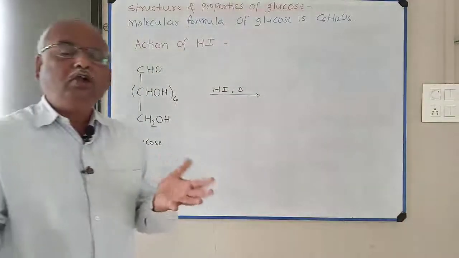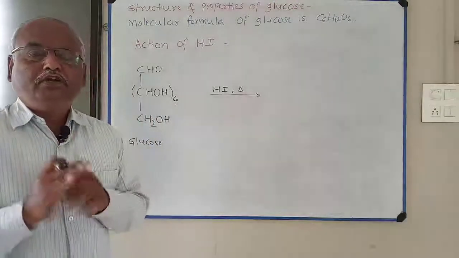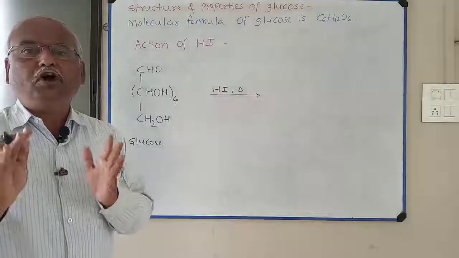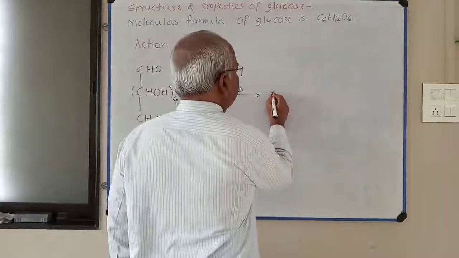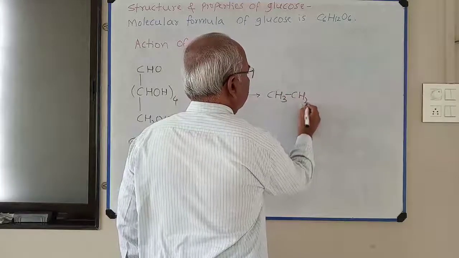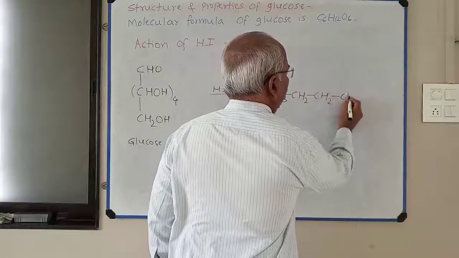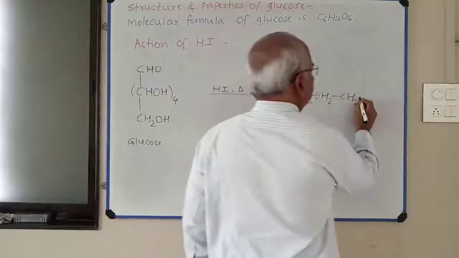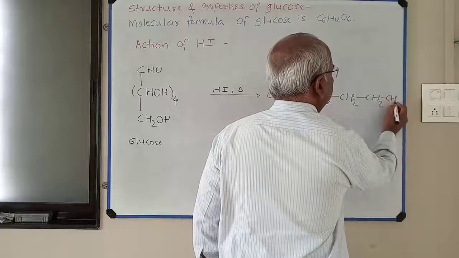Glucose on prolonged heating with HI gives the product normal hexane. The product is CH3 single bond CH2 single bond CH2 single bond CH2 single bond CH2 single bond CH3.